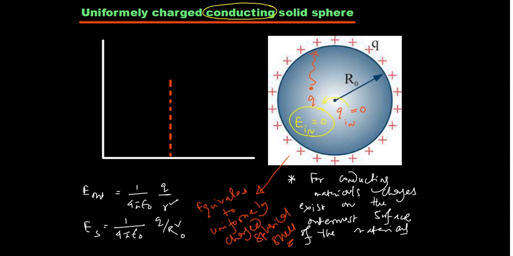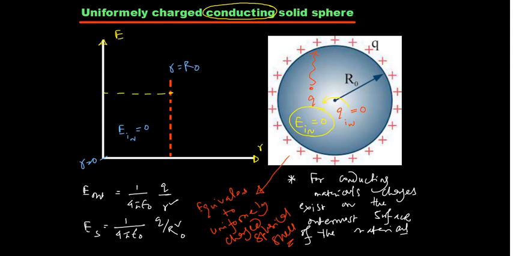Simple. So here when we put it in the E versus r graph, it is going to be similar. In this region, this is E inside, because this red marking is small r equal to R naught. This is the center, r equal to 0. Between the center and the surface, there is no field. The first field appears here.